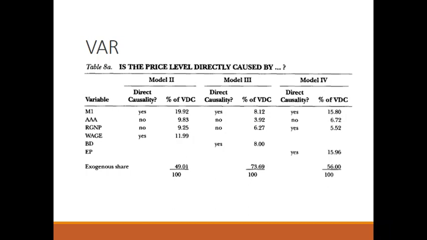So in our first model, we have that base, and then we're adding wages. And that percent there is basically the percent of the volatility. And so we see money supply is the biggest effect, basically by double of anything else. The amount of money circulating in the economy is the biggest direct cause of price changes.